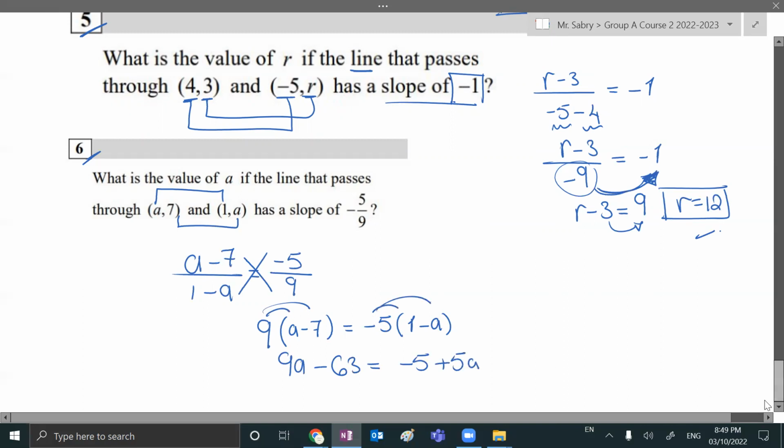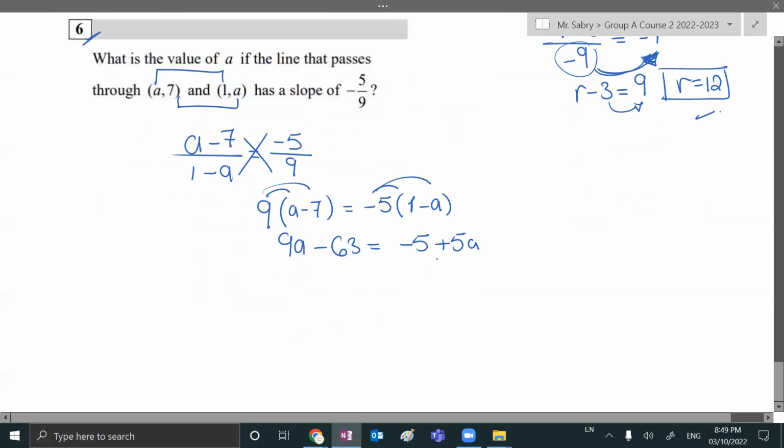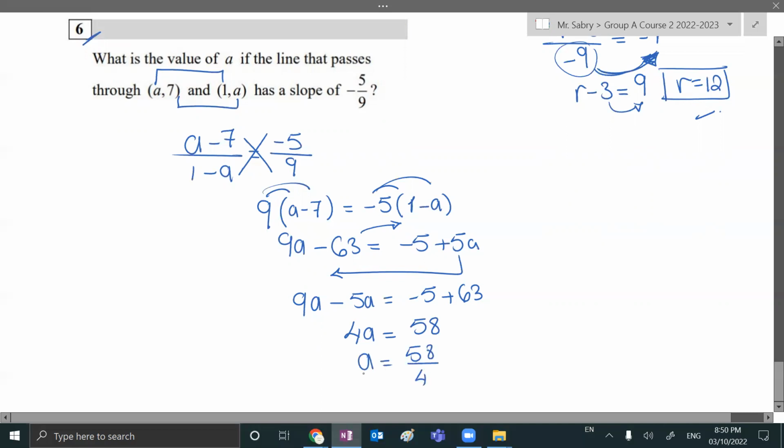Then I'll move the terms with a to one side and the terms without an a to the other side. I'll have 9a minus 5a equals negative 5 plus 63. 9 minus 5 is 4a and negative 5 plus 63 is 58. A will equal 58 over 4. This is the value of a.